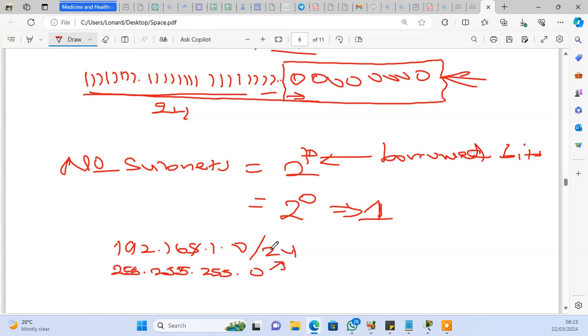This is what we call slash notation, and this is the subnet mask in decimal format. So here we're done with the first one.